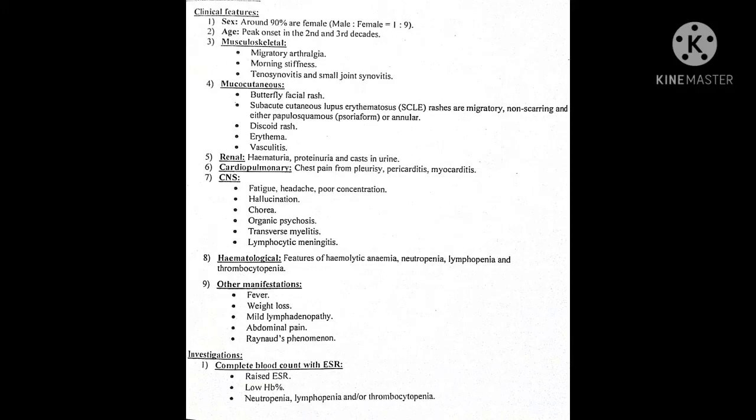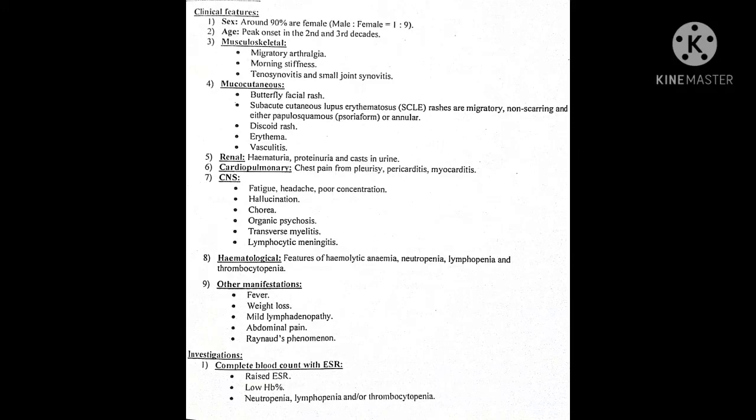Hematological features are features of hemolytic anemia, neutropenia, lymphopenia, and thrombocytopenia. Other manifestations are fever, weight loss, mild lymphadenopathy, abdominal pain, and Raynaud's phenomenon.